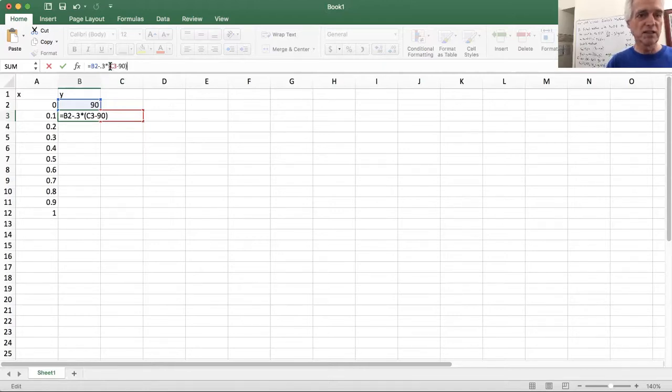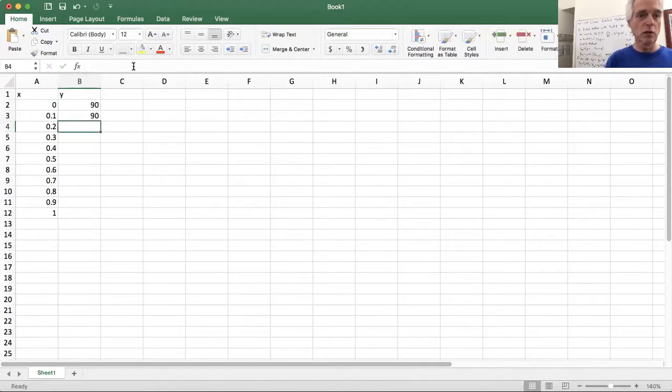B3, I don't know why it says C3. That should say B2. Okay, that doesn't look right. So B3 is equal to B2 minus 0.3 times (B2 minus 20). And it's not working.